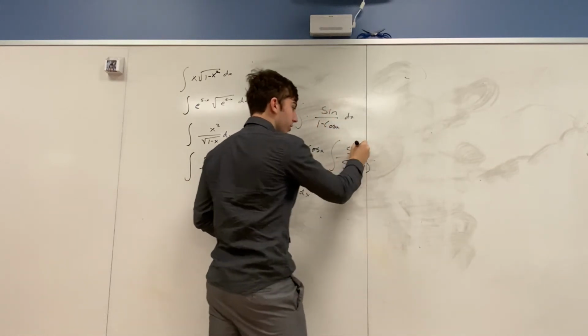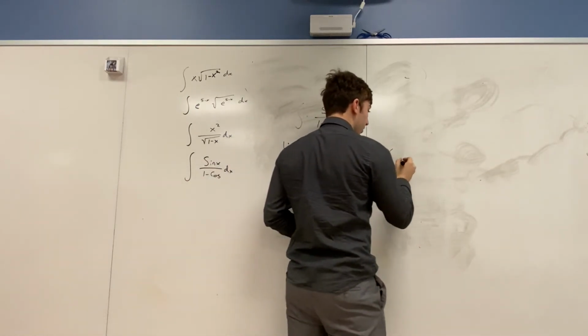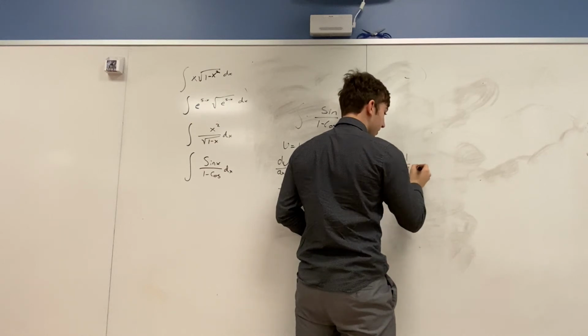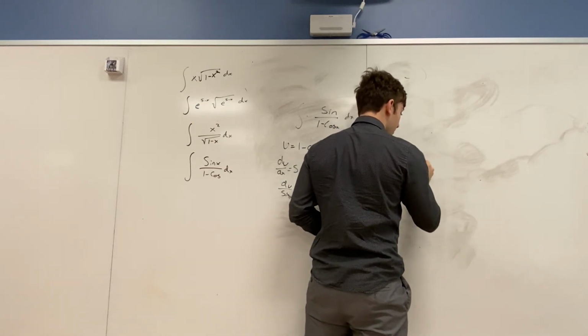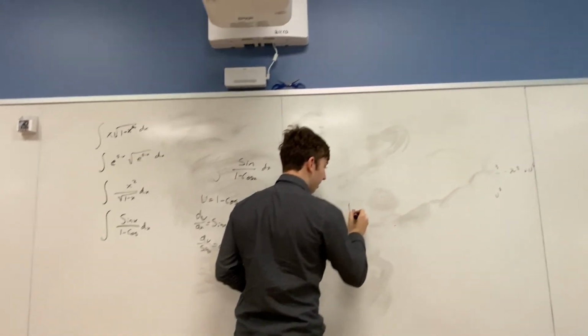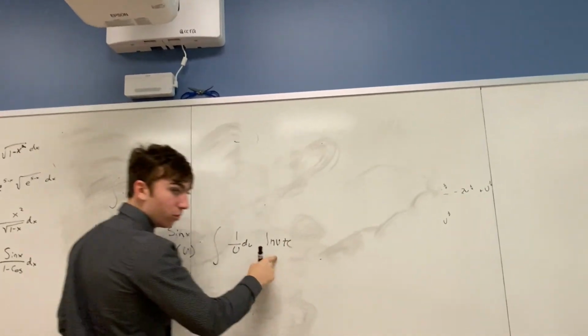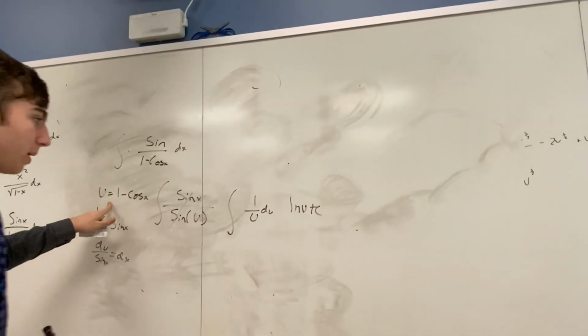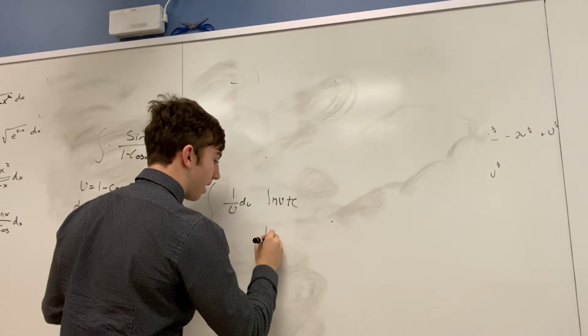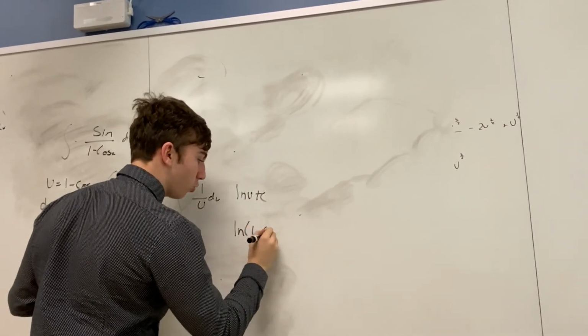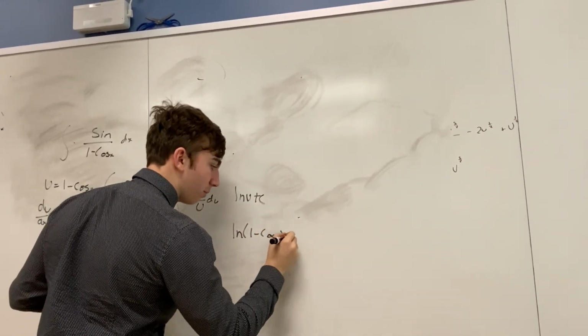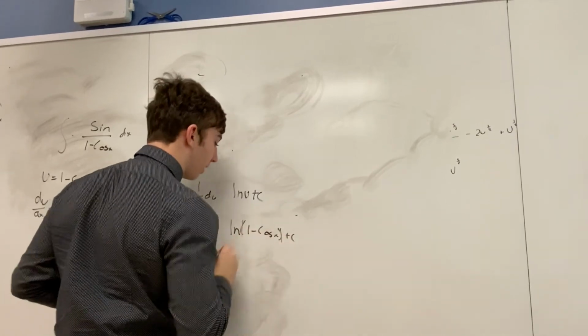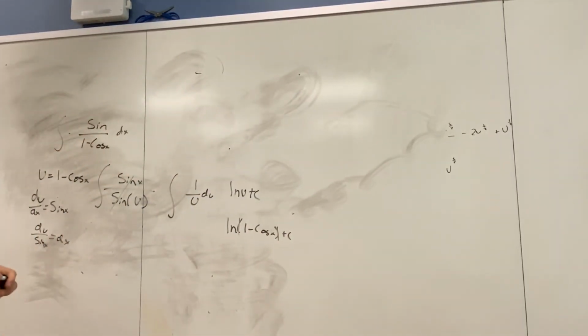Those cancel out, so now we just have the integral of 1 over u du. That's the same thing as the ln of u plus c. We substitute the u back in, so it's just going to be the ln of 1 minus cosine of x plus c. And remember, that's the absolute value.